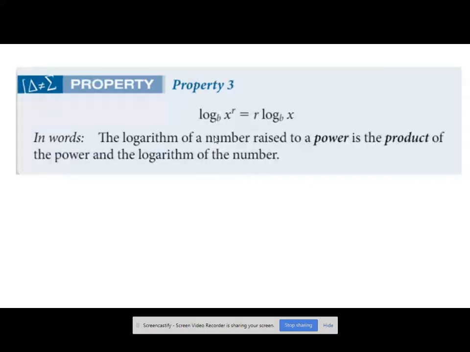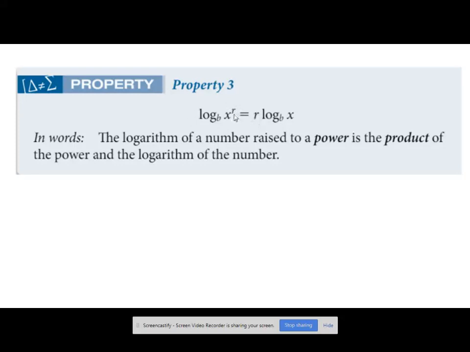A third property, and this one we're going to use quite a bit as well, says that if we have the log base b of x to the r power, so something to the something power, one very useful tool that logarithms allow us to do is to take that exponent and essentially pull it down in front.